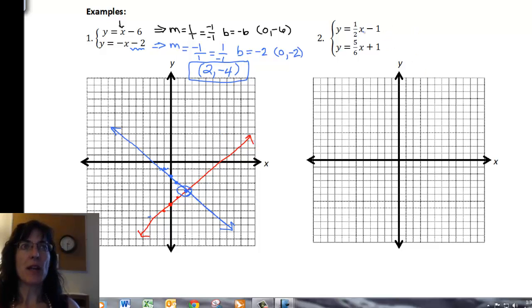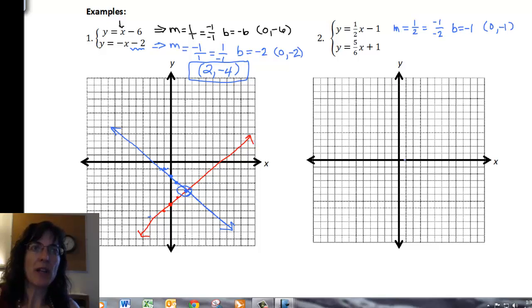Let's look at another example. Here we have 1/2 x minus 1, so that means my slope is 1/2. My alternate view of looking at it is negative 1 over negative 2. I'm hoping you're getting used to figuring that one out. And then my b is a negative 1, and the ordered pair for it is (0, -1).